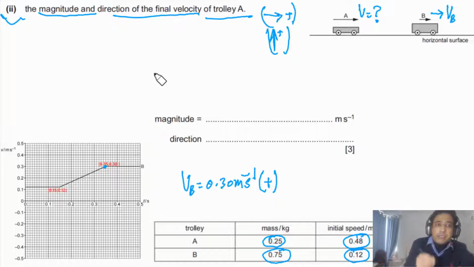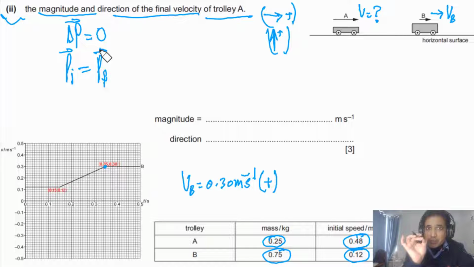Now simply in this case, in the question it was given to us that there is no net external force acting on the system. So it means in this case the change in momentum is equal to 0. It simply means that the initial momentum is equal to the final momentum.